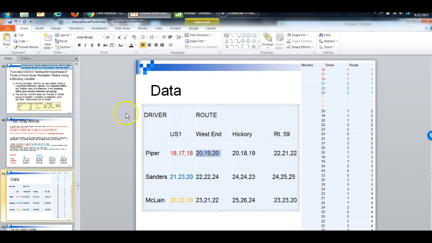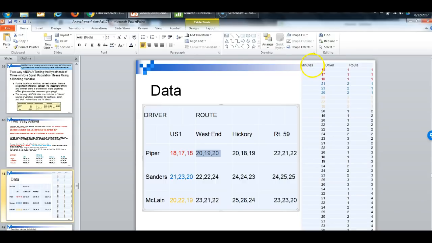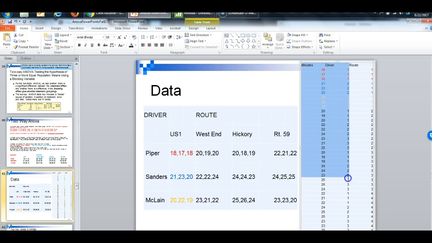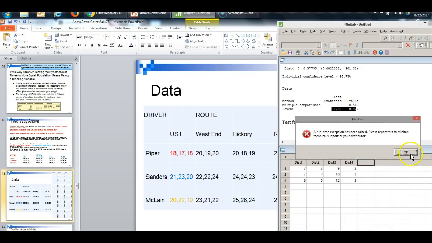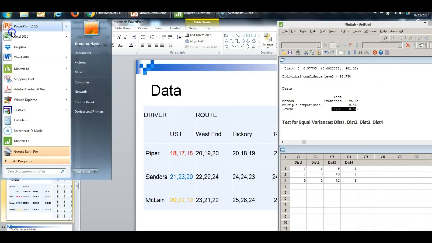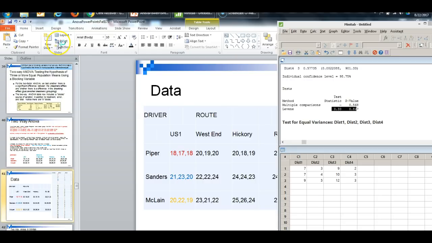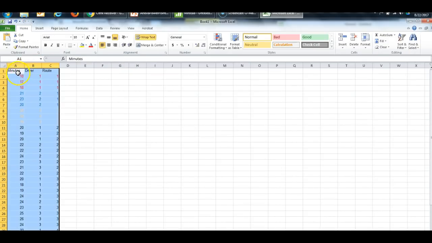So let's go ahead and put these data into Minitab. This will work. What I do sometimes is I'll open up Excel, and it seems to transfer a lot better from Excel into Minitab.